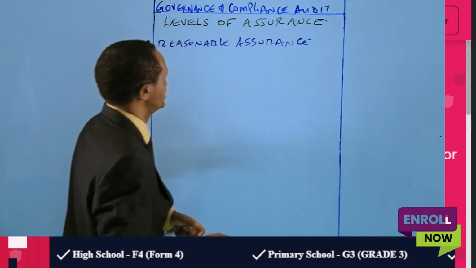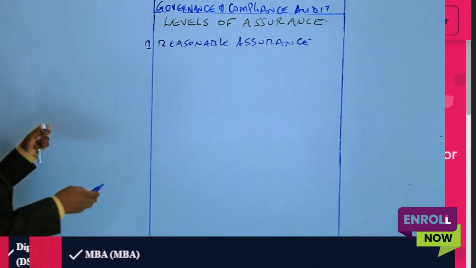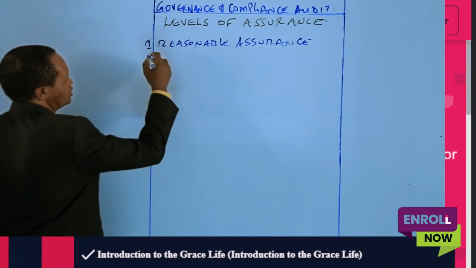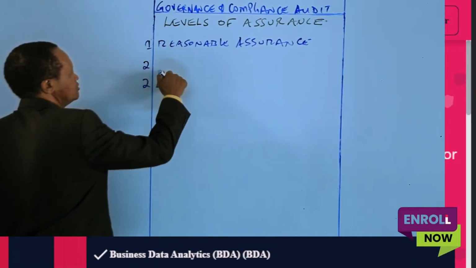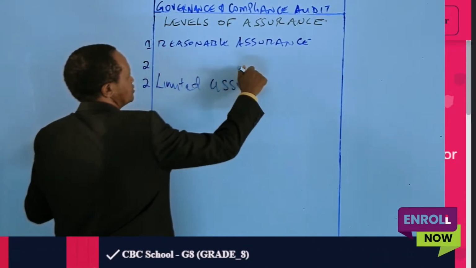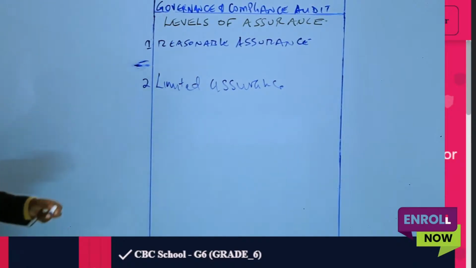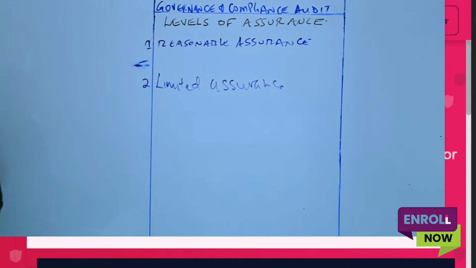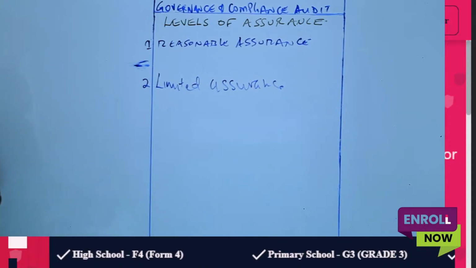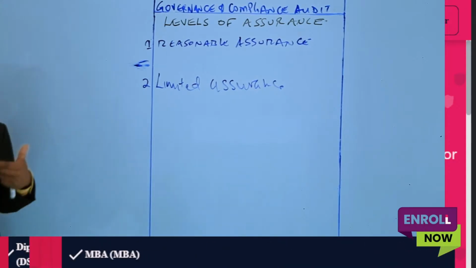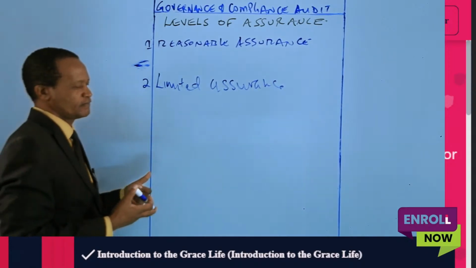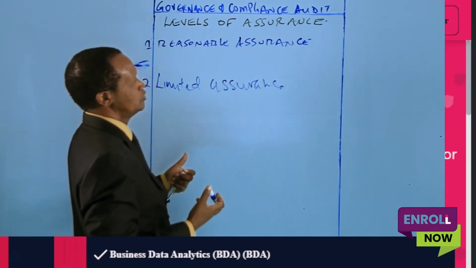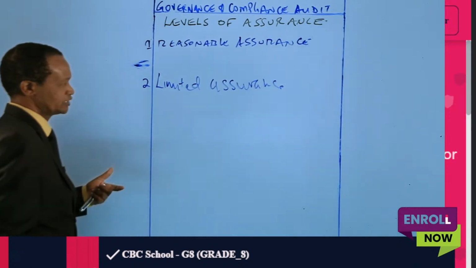Then there is a second level of assurance, which is a limited assurance. On the other hand, what does it mean? This is a moderate or less reasonable assurance.